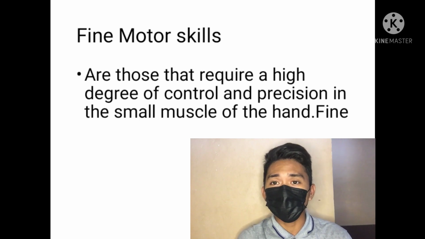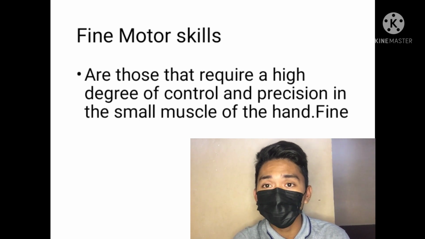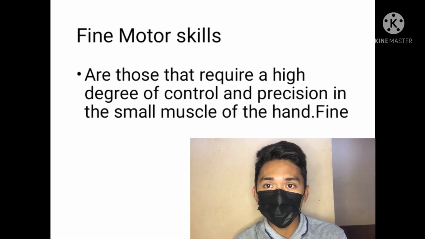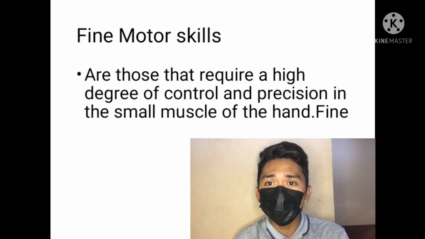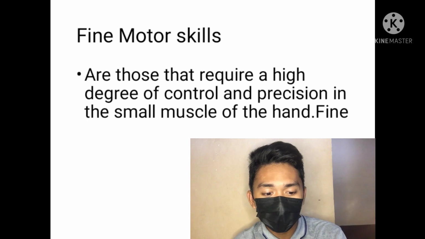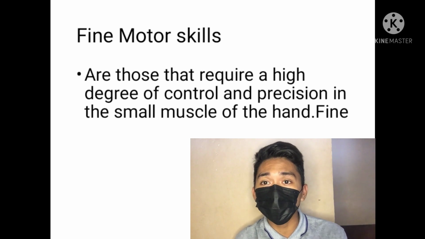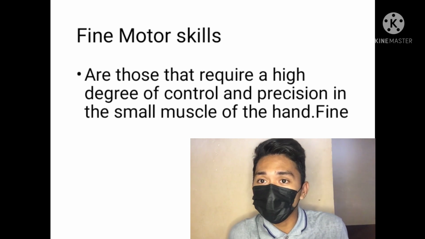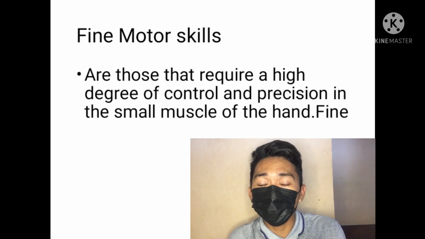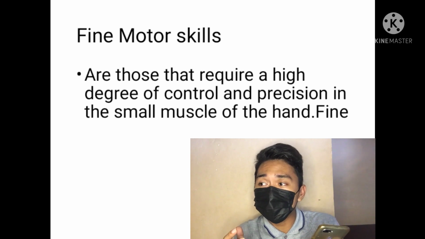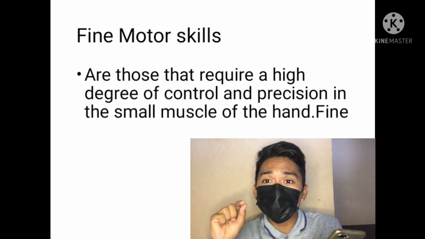The two classifications of motor skills are fine motor skills and gross motor skills. First we'll be explaining the fine motor skills. Fine motor skills are those that require a higher degree of control and perception in the small muscles of the hand. When you say fine motor skills, we are using the small muscles of our hands. An example is using a fork.